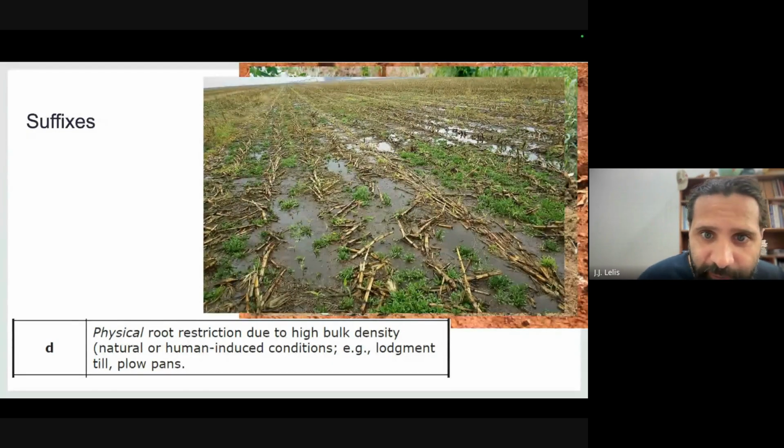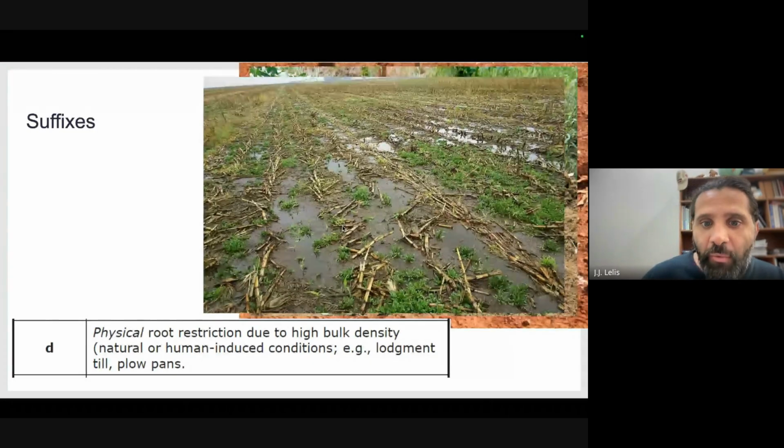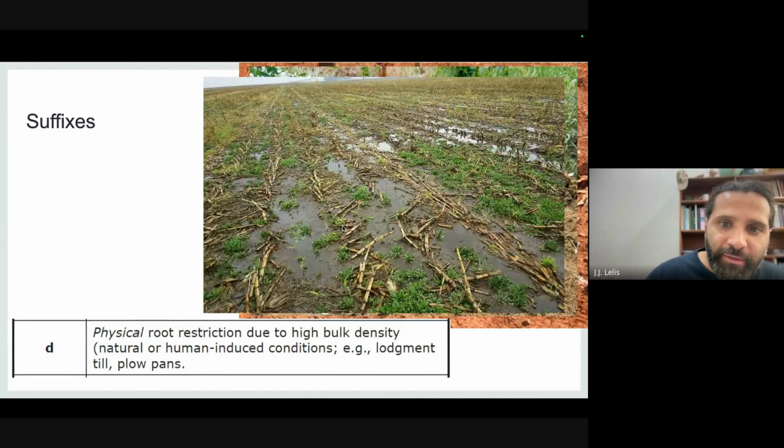In some areas, because of this, you can also register some flooding because of the root restriction. It's also related to low water penetration, low water conductivity through the soil, and you start to have some flooding. It's quite important to identify this in the field because it takes a lot of attention to land use.